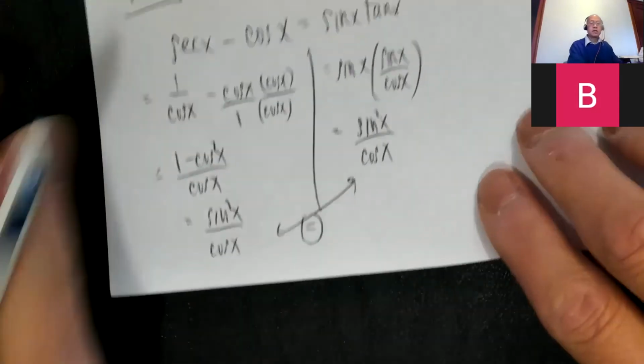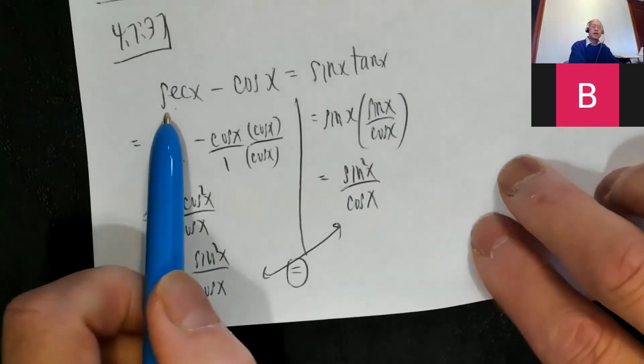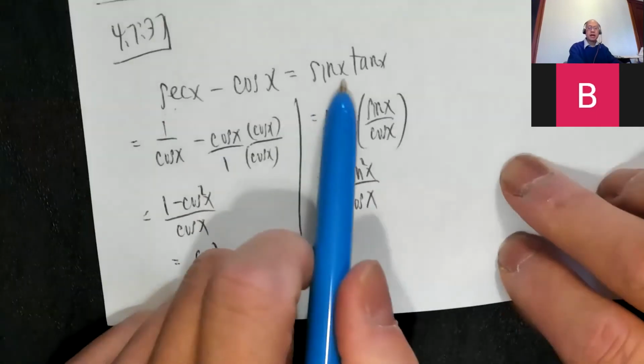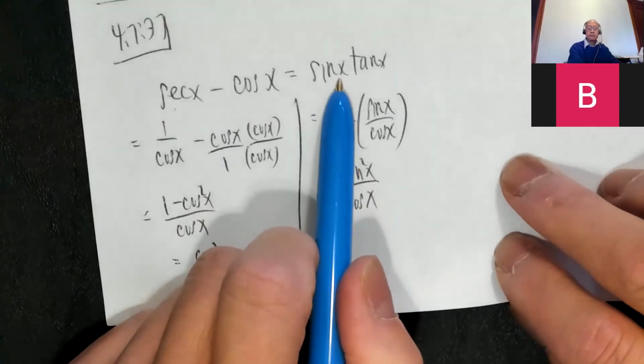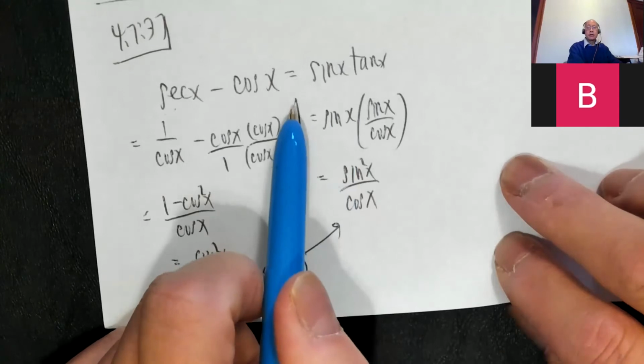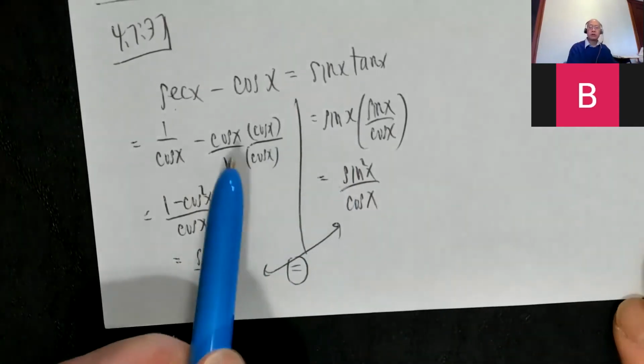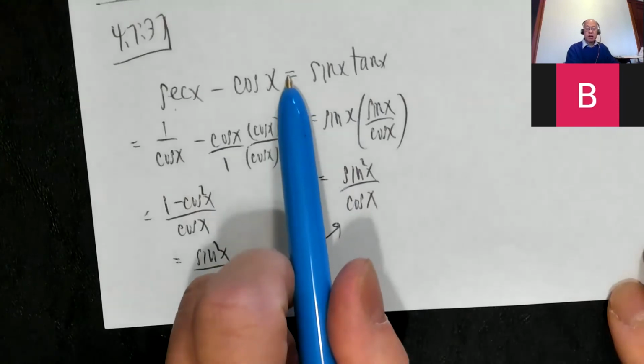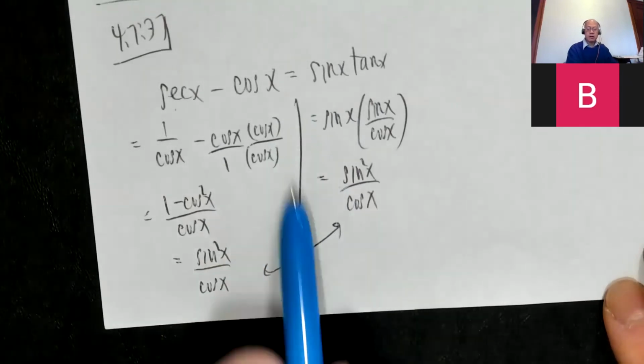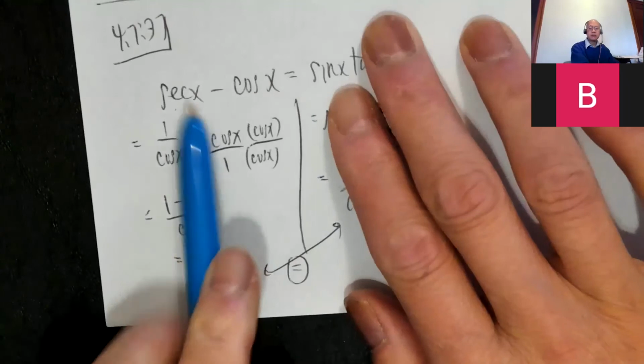So here's 37. Secant x minus cosine x equals sine x tan x. Your trig teacher may have taught you a different way. Here's the way I want you to do it. Right across the equal sign, draw yourself a vertical line to separate these two.